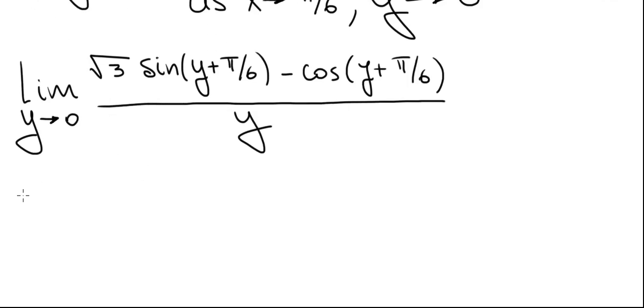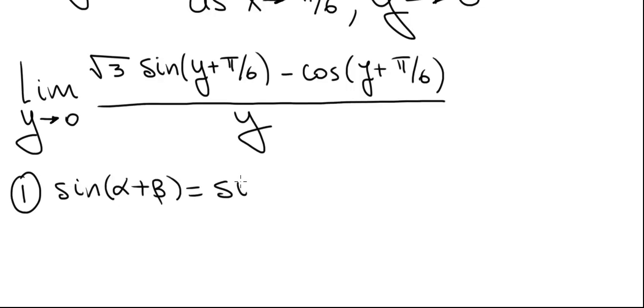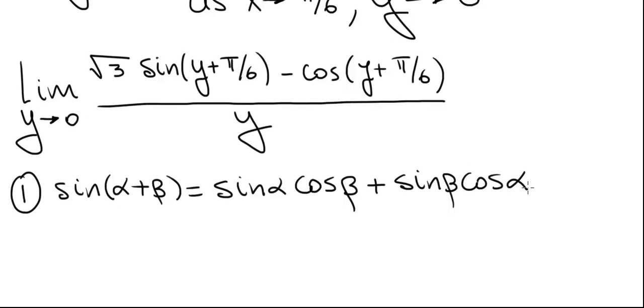The first result is the trig identity, which says that sine of alpha plus beta is equal to sine alpha cosine beta plus sine beta cosine alpha.